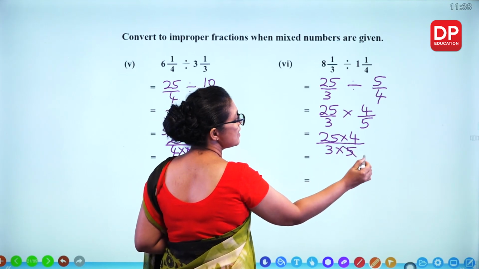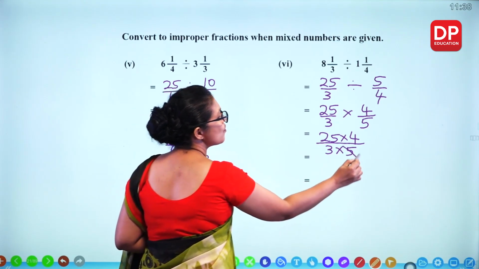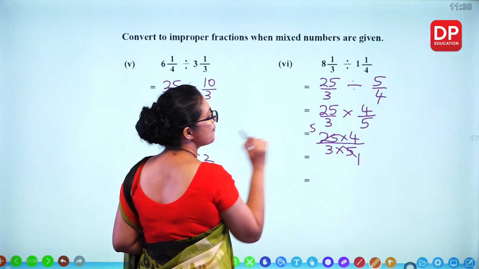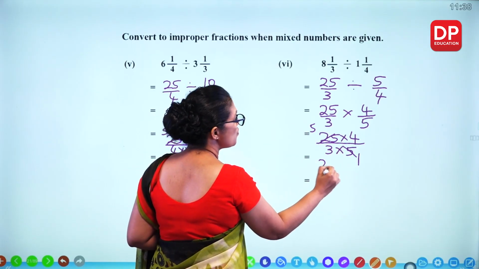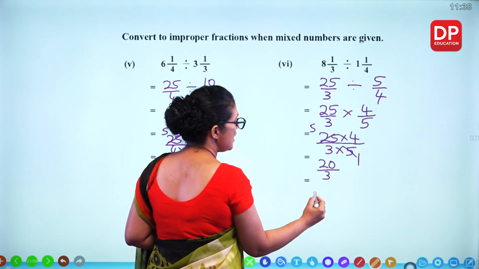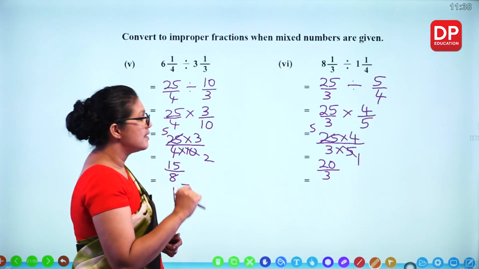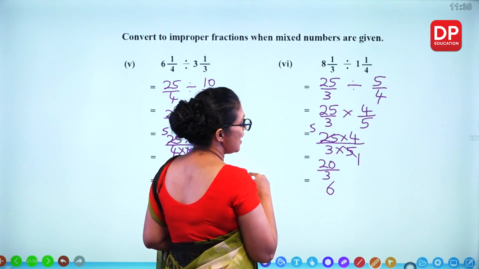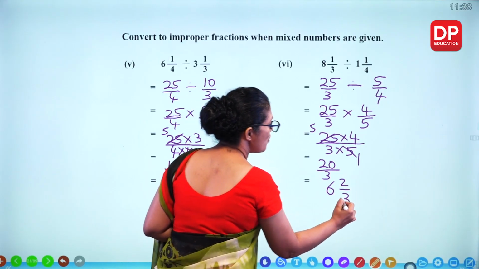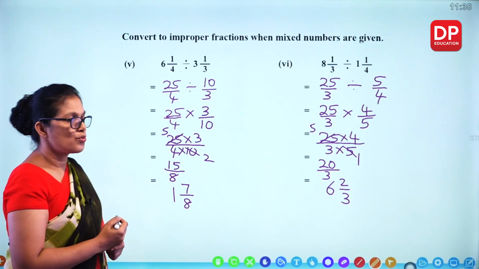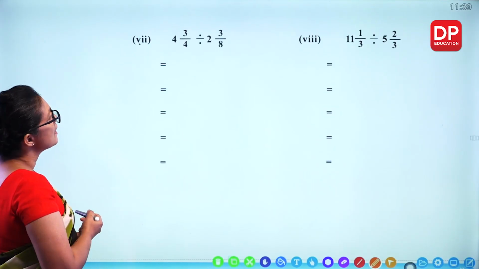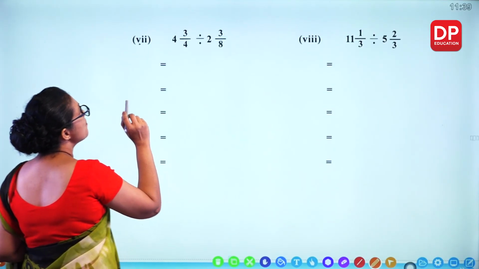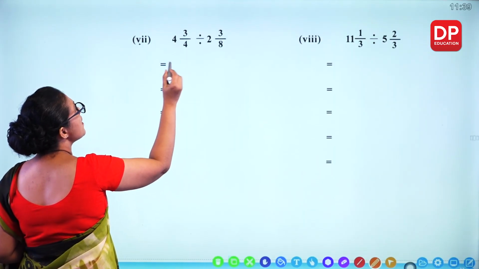You can see 5 goes with 25, that's 5. So 5 times 4, 20/3. Write as a mixed number. 3 times 6, 18 and 2 remaining. 6 and 2/3.